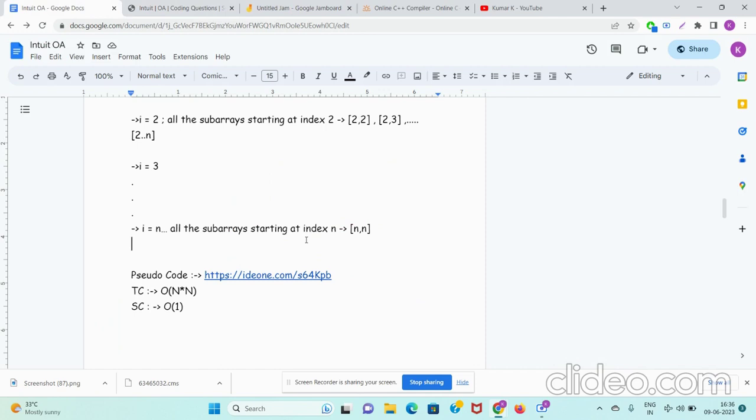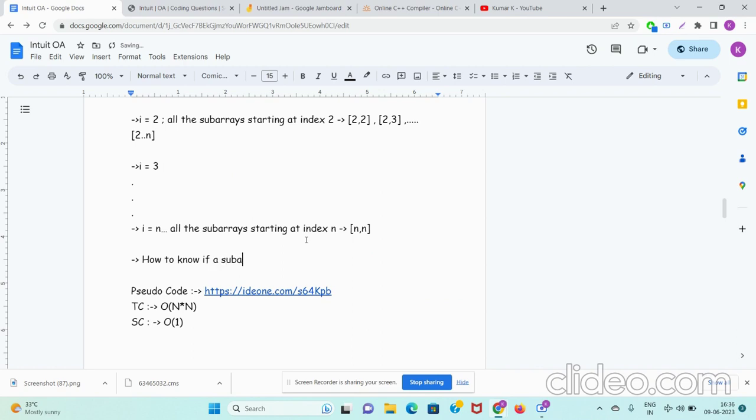For example, how to know if a subarray, which is nothing but a part of an array, starting at index i and ending at index j is valid?